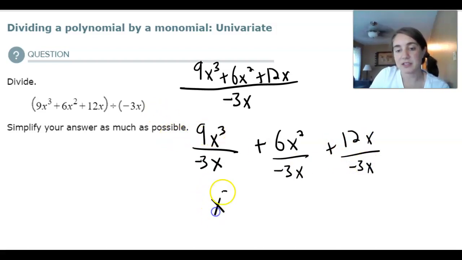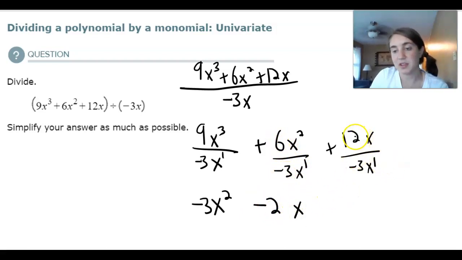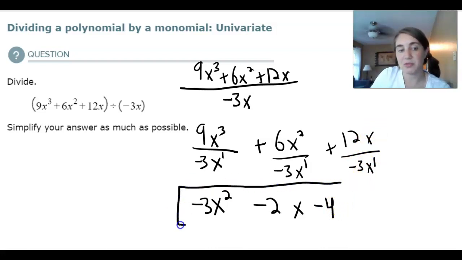I end up with x squared. 9 divided by negative 3 is negative 3, and 3 minus 1 gives x squared. Then I have 1x on top. 6 divided by negative 3 is negative 2. 12 divided by negative 3 is negative 4. 1 minus 1 is no x's. So that's what that would equal.